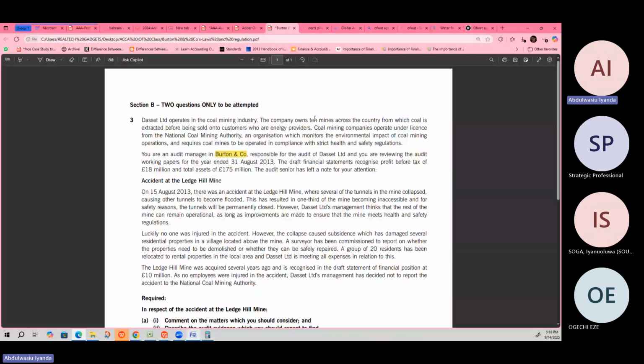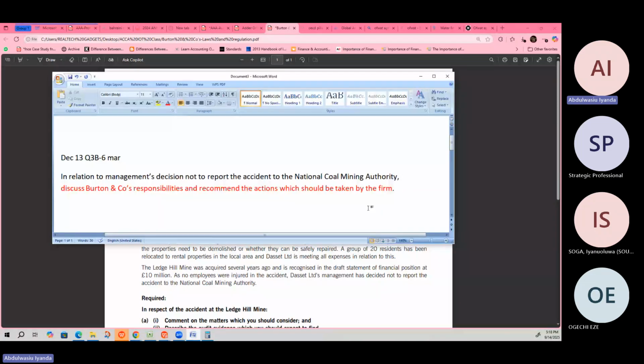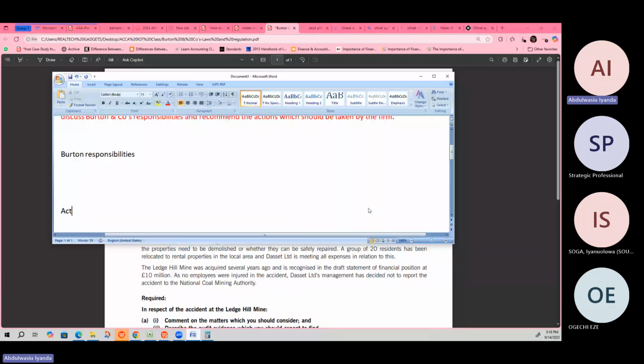So let me just do some breakdown. The first thing that we are looking at is responsibility. And the next one is action. Action of who? These are the two things that we need to do.